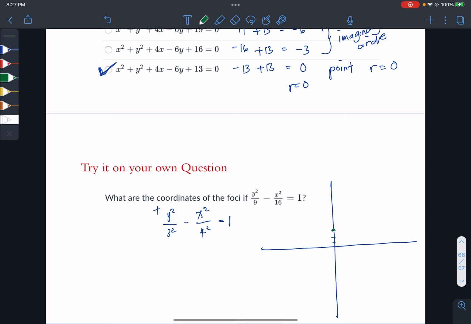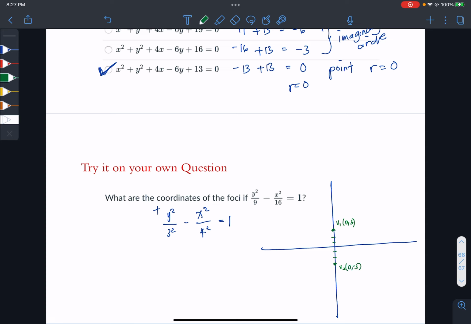So, dito yung A natin, no? Then, this is 1, 2, 3. So, yung vertex natin isa would be at 0, 3. Then, yung vertex natin pangalawa is at 0, negative 3.